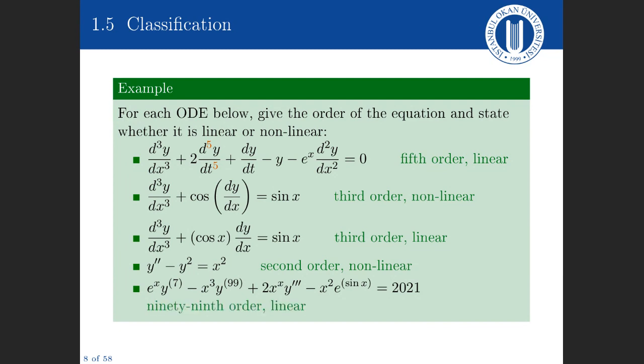This time I'll tell you the answer. This is a 99th order equation, and this is a linear equation. Cross out all of the x's, we don't care about these. And we have y minus y plus y is equal to 0. So this is linear.